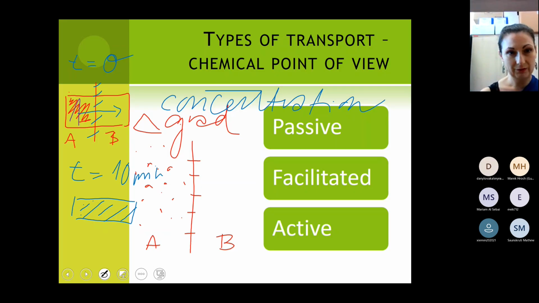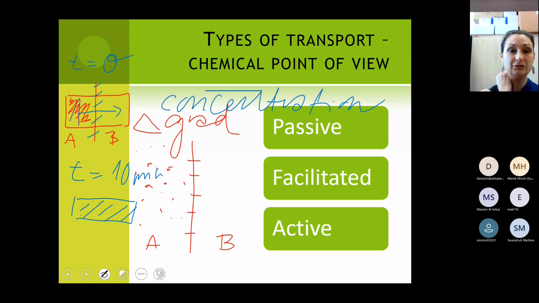So it's the same as with particles. They are not really willing to go to a crowded room. It's natural to just spread in a big room, in an empty space. However, sometimes I need to transport some particles, also people, to some crowded space. So that's why I need some energy. This is the point.